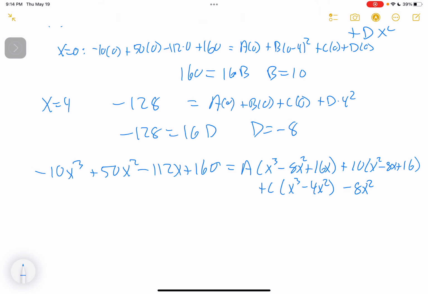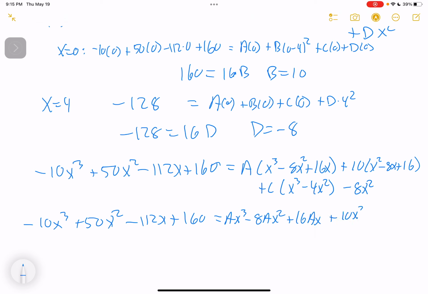We have negative 10x cubed plus 50x squared minus 112x plus 160 equals ax cubed minus 8ax squared plus 16ax plus 10x squared minus 80x plus 160, plus cx cubed minus 4cx squared minus 8x squared.